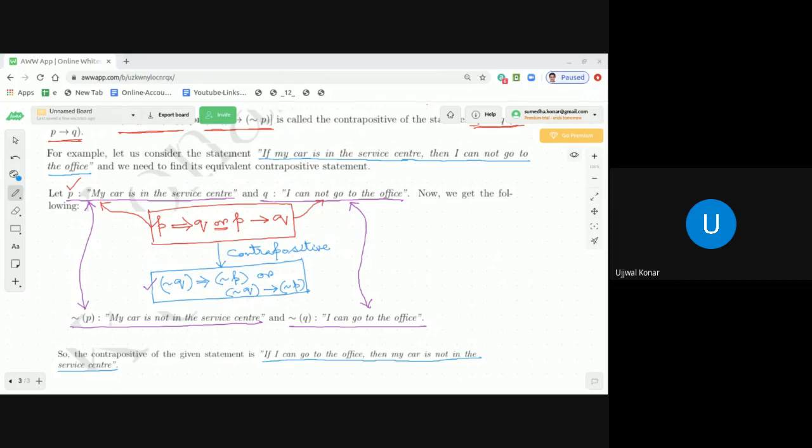Now the next point we are going to discuss, dear students, is called the converse of a conditional statement. What is the converse of a conditional statement? That we are going to discuss now.